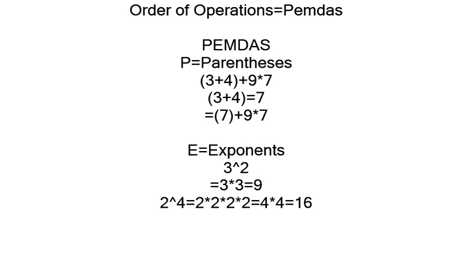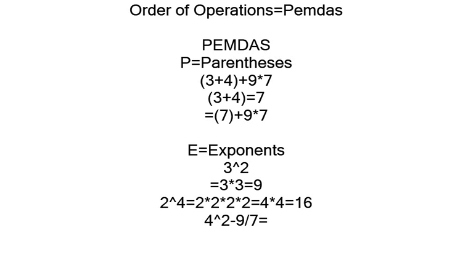Now let's go through an actual example of using exponents in an equation. For simplicity, 4 squared minus 9 divided by 7. Where do we start? Let's use what we've learned from PEMDAS so far. We've already gone through parentheses, and I don't see any parentheses in this equation.